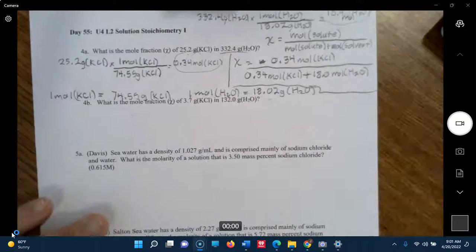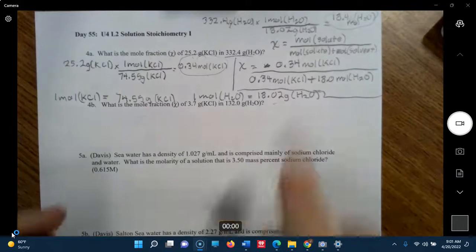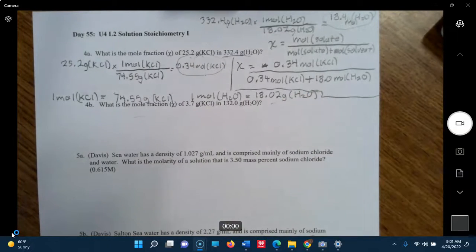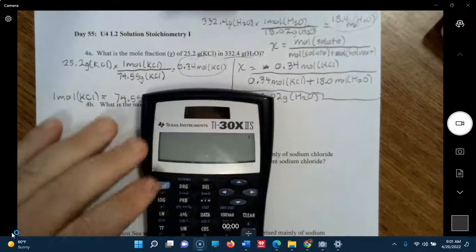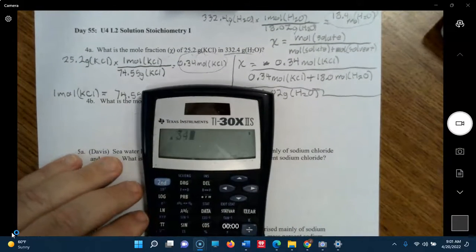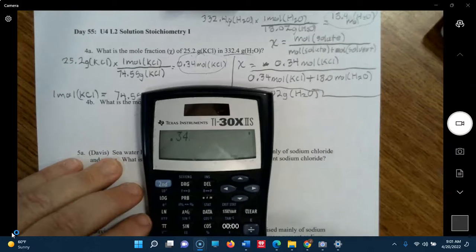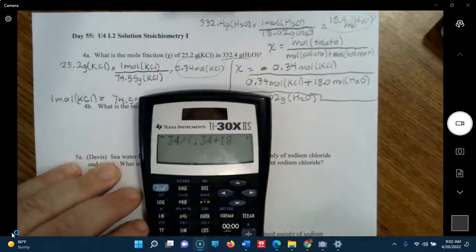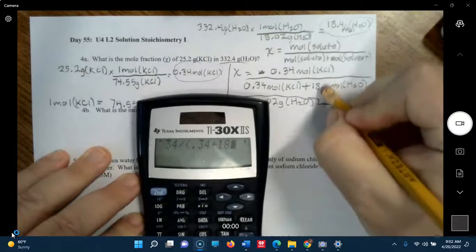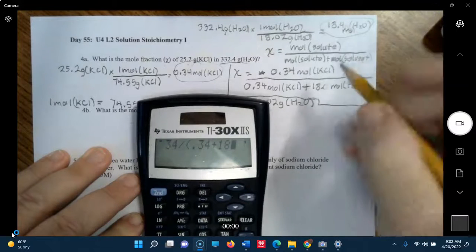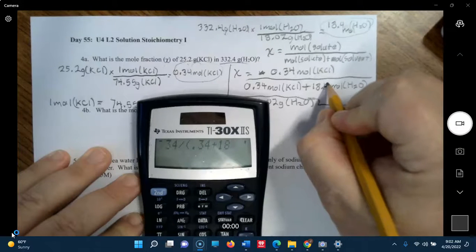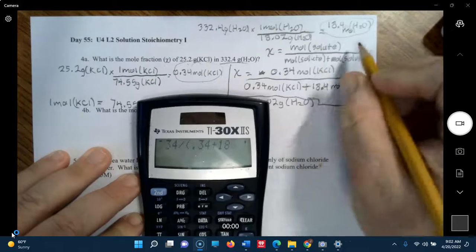Okay. And I'll show you how to do this on a calculator when you have this plus sign on the bottom. So what I'm going to do is I'm going to put 0.34 divided by parenthesis 0.34 plus 18.4, and I put O there, I don't know why. Pencil's faster than my brain.